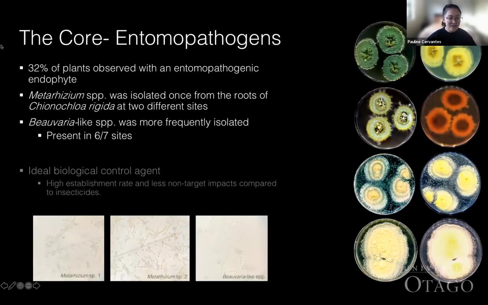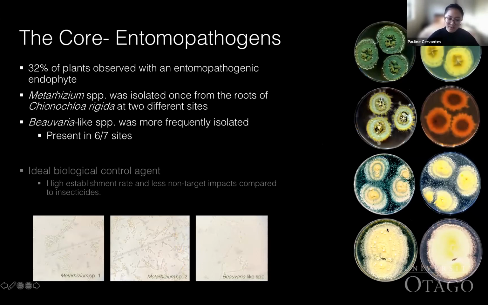And another key group that I'm interested in and was able to isolate were some species of entomopathogenic endophytes, which includes Metarhizium as well as Beauveria. I identified these based off of their colony morphology as well as their spore structures.